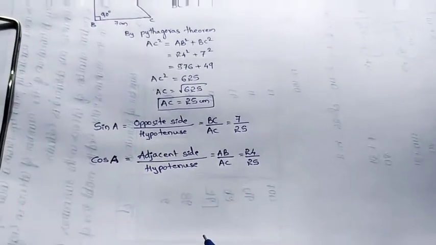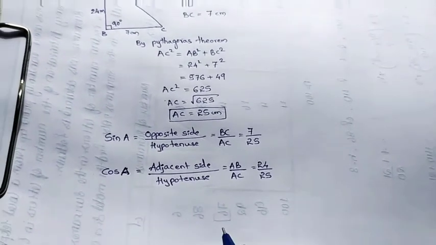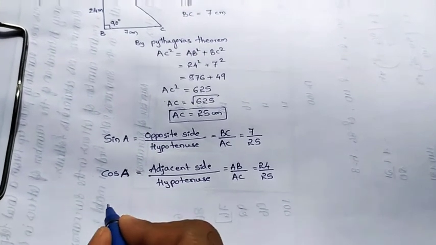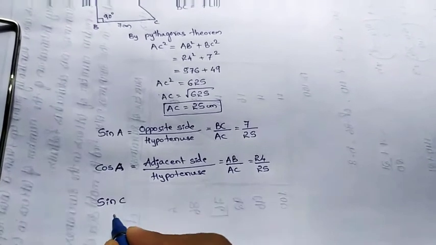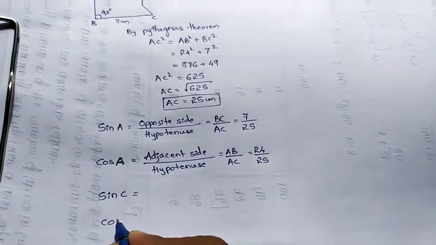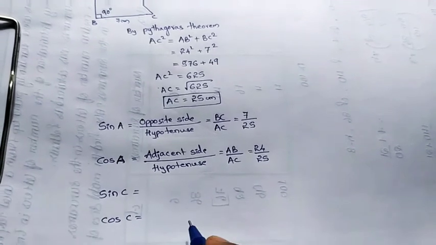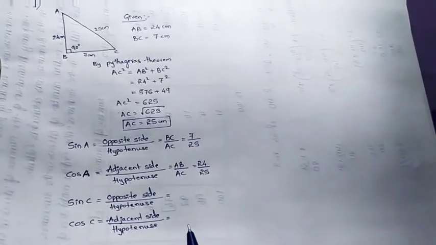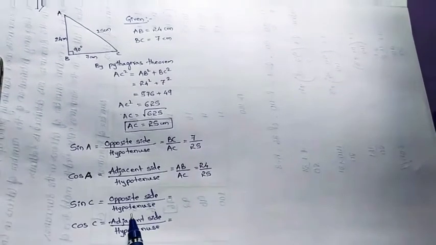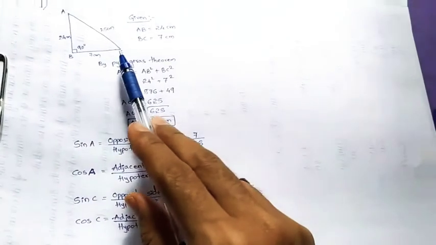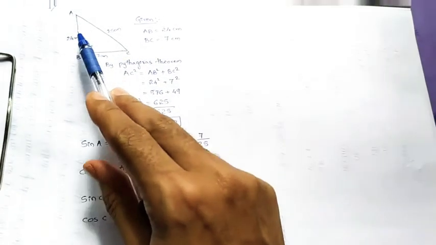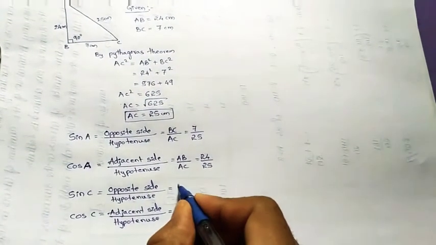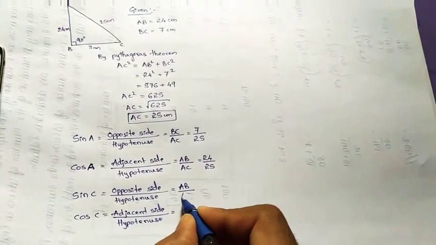Next, continuation of the first one. Another two are there: sin C and cos C. Try these two yourself. For sin C, opposite side by hypotenuse. For C, the opposite is AB, and the hypotenuse is the same, AC.